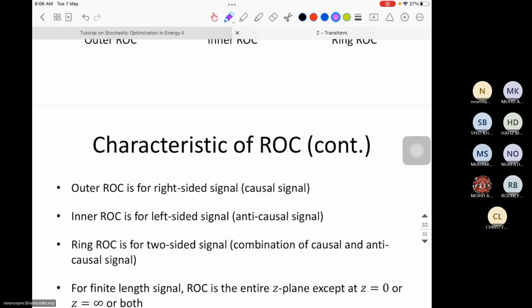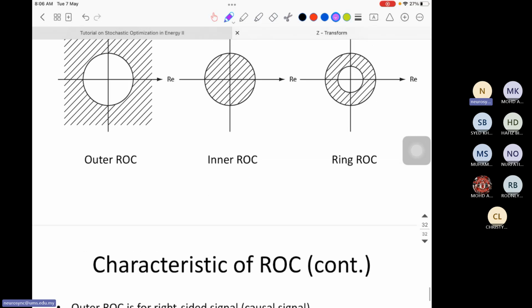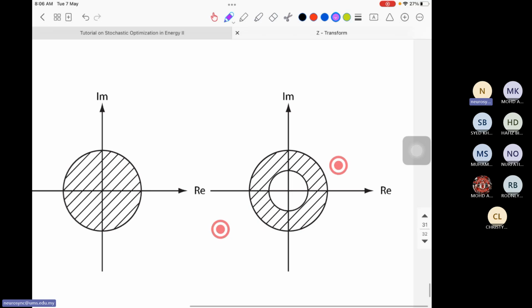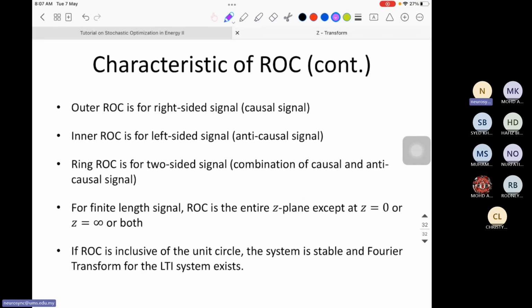The ring type ROC is the non-causal system, which is the combination of both the exterior and interior. Therefore, we will get the ring type structure here, which is also called a two-sided signal.